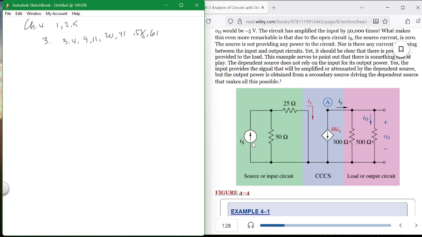No, what are they looking for here? The ratio of VO over IS. Because as IS changes, VO changes. Okay? So what would this be a model of? Of output voltage, it's a MOS device.